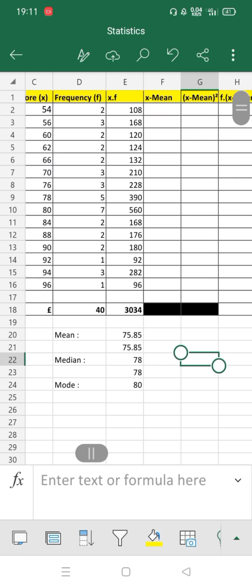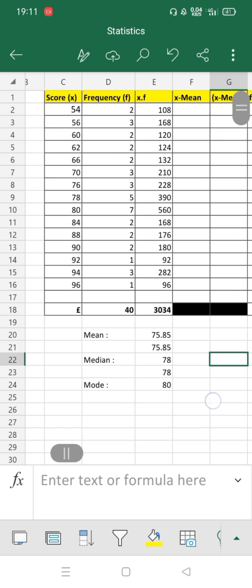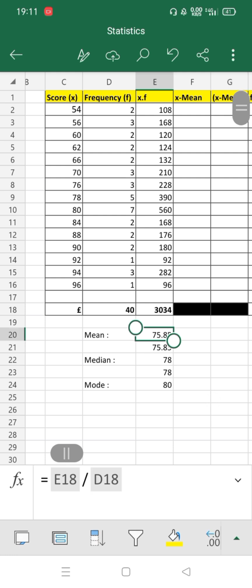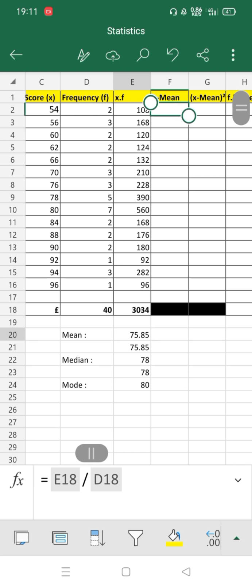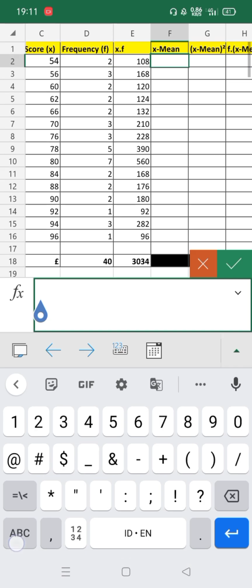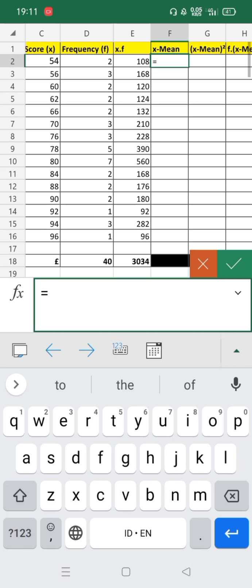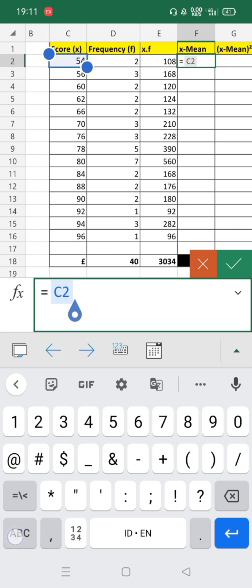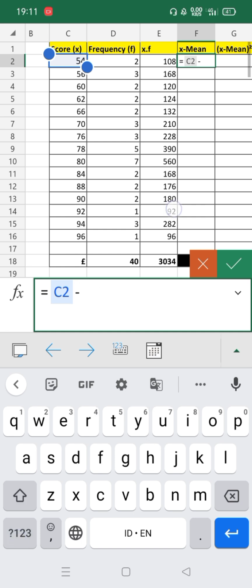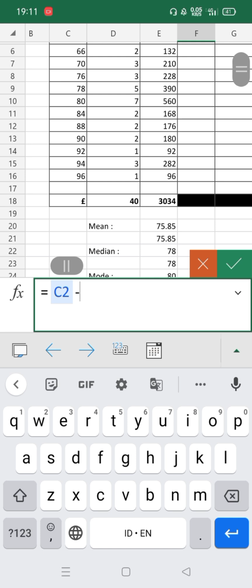First of all, it is x, or score, minus mean. Here we have 75.85, and we just do the usual formula. Equal 50, C2, or 50 minus, oh yeah, we cannot drag this immediately, so we have to make sure this is locked.